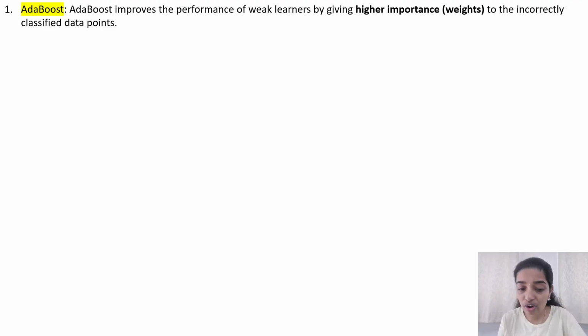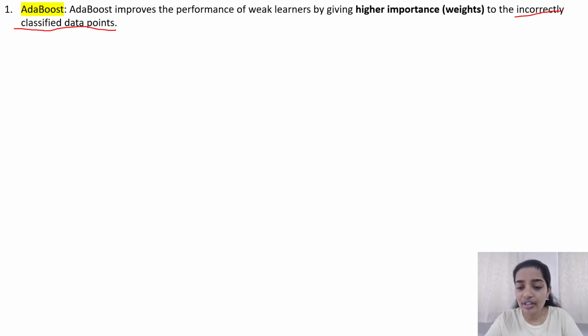It will give more weightage to the incorrectly classified data points. That means the errors made by the previous model are given high weight, and the primary focus is on them.